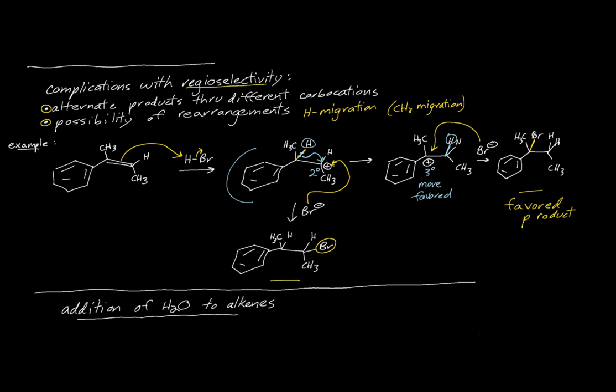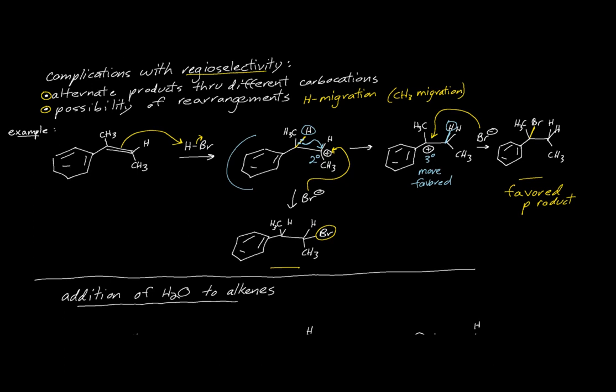So this is an issue of regio control, regioselectivity, with additional complications arising from not just the formation of different carbocations in different places, but also the possibility of rearrangements. Toward the end of this module, we're going to see how organic chemists have overcome these issues, but they're going to involve more complex reagents.